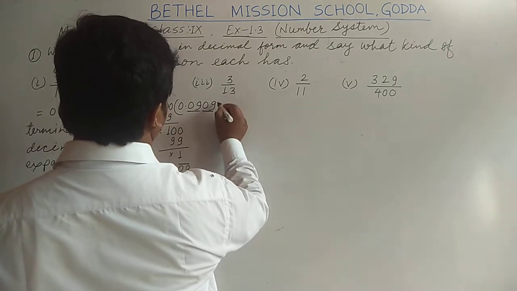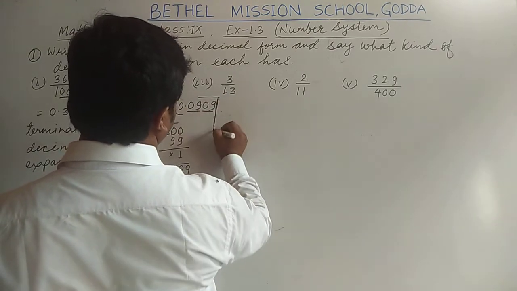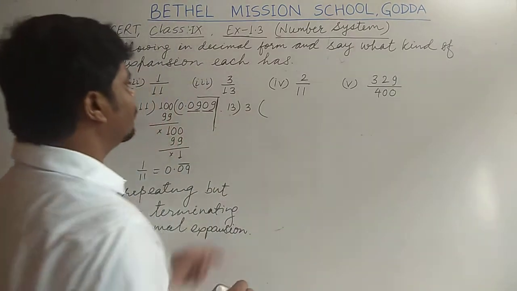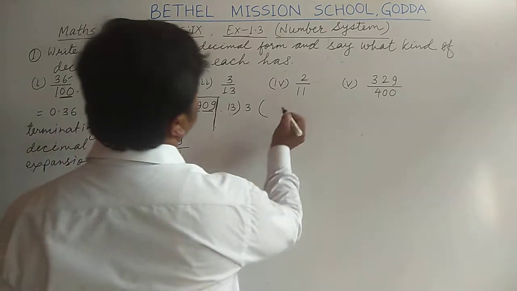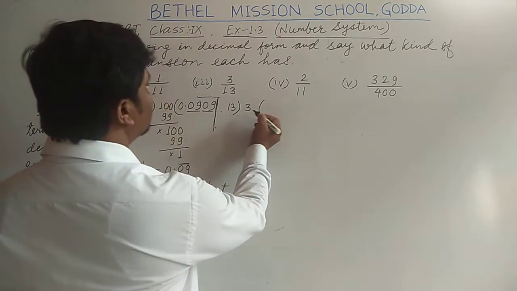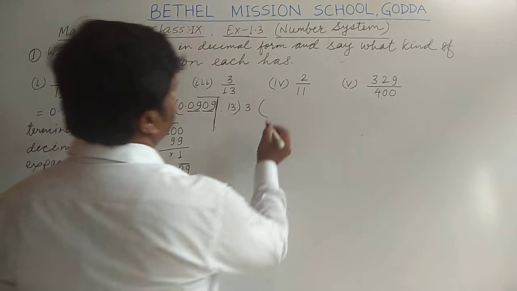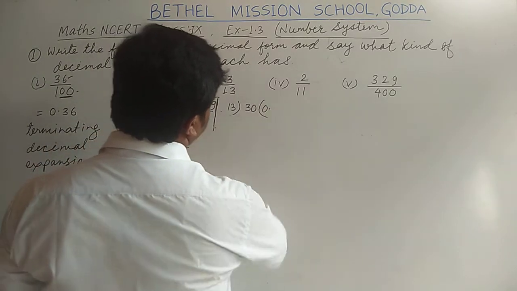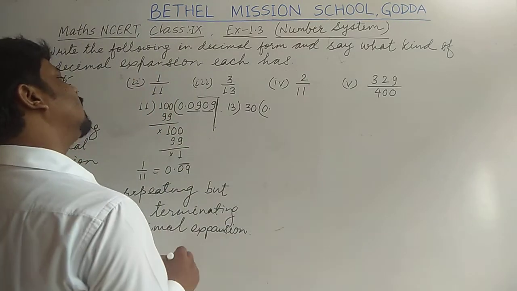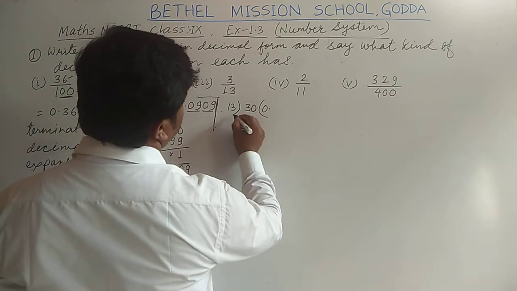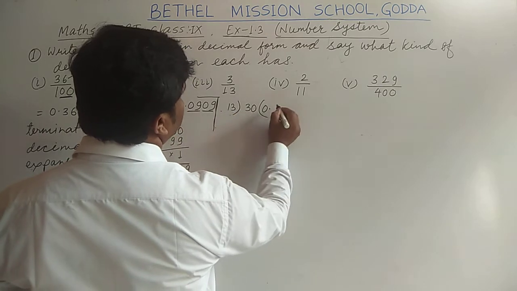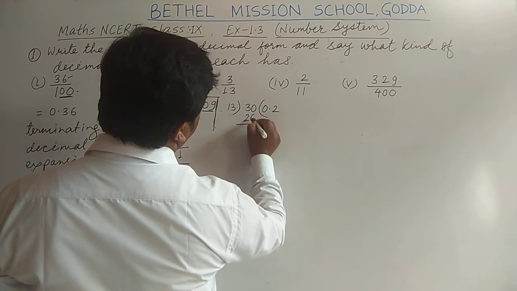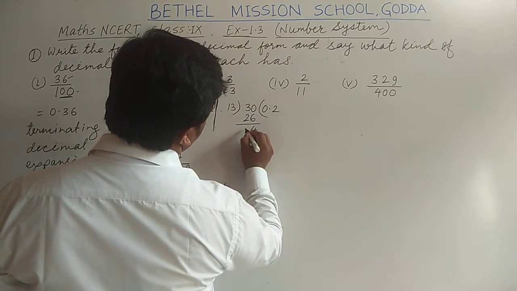This is question number 3. You divide 3 by 13. It is not possible to divide 3 by 13 because 3 is smaller than 13. So we will put decimal. It will give 30, and that is greater than 13. So you can divide. How many times will it go? 13 times 2 is 26. 30 minus 26 is 4.